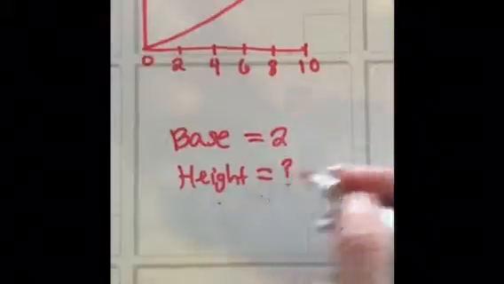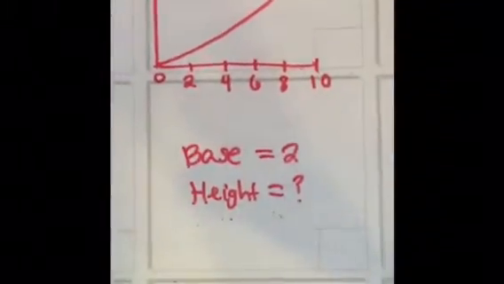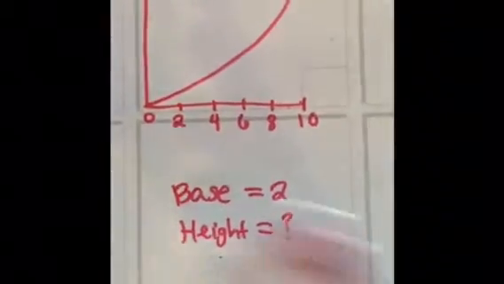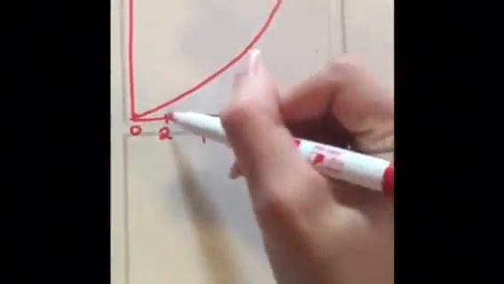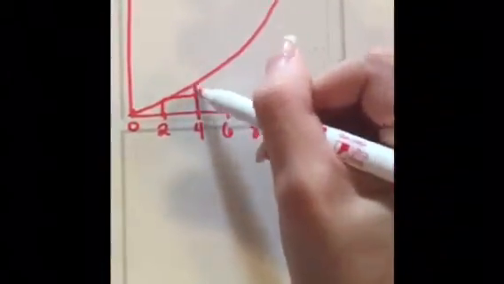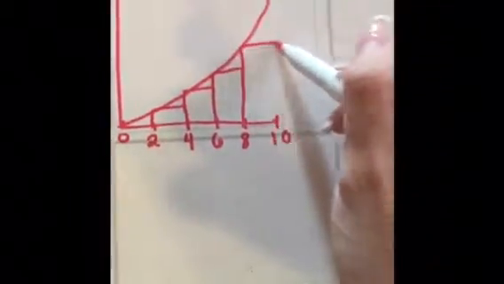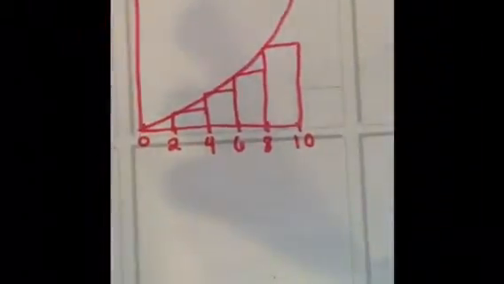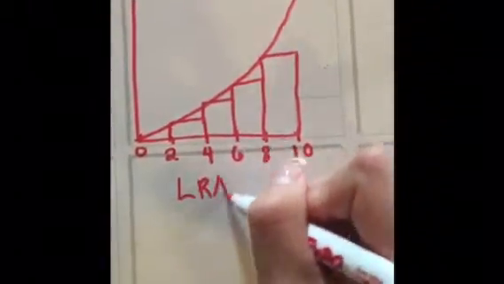I think it's easiest to start with LRAM, which we'll be using f of x for 0, 2, 4, 6, and 8 as our heights. It's important to note that we're not using f of 10 in any of our heights because f of 10 is on the right of the rectangle, and we are only using the left side.